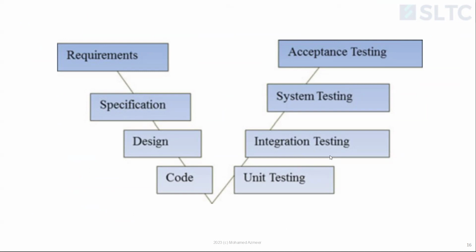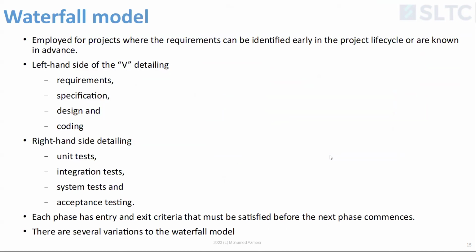On the right, we have the developing of the system, right? So we have requirement gathering, specification development, designing, and then coding. On the right-hand side, we have the unit testing, integration testing, system testing, and also acceptance testing. Okay, so as it says, the left of the V is requirement, spec, design, and coding. The right is testing, system development, and acceptance.